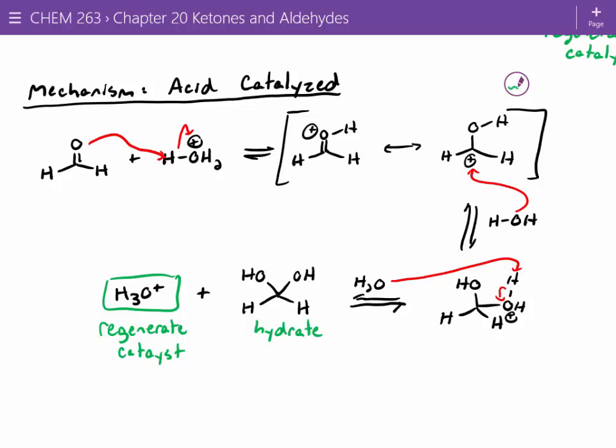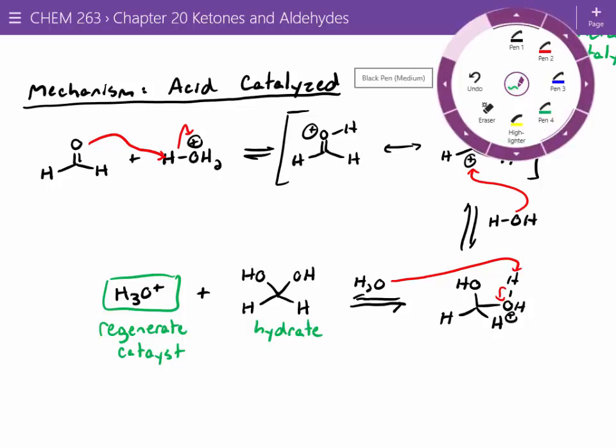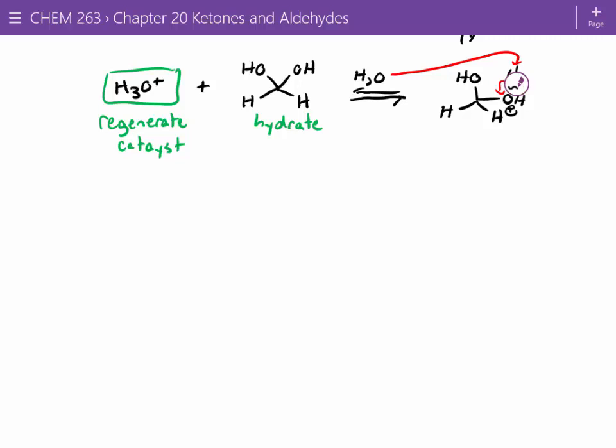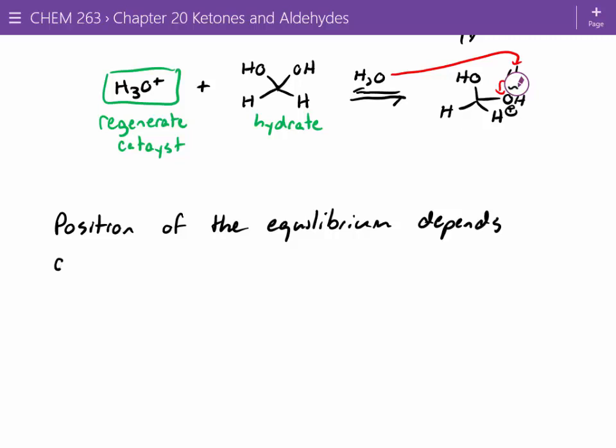So we'll go through and do a couple of these mechanisms for practice, but one thing I want to do is make a note just to drive this point home. The position of the equilibrium depends on the stability or reactivity.